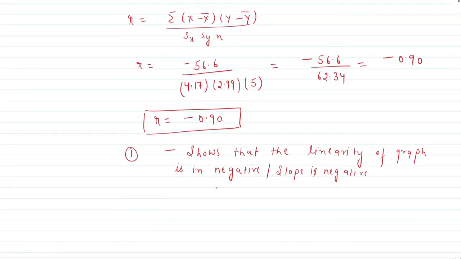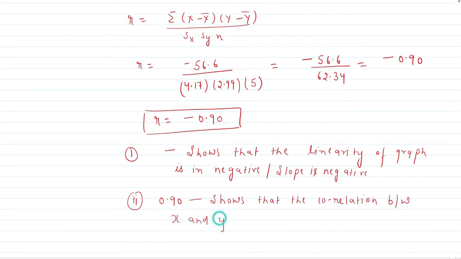Second point, 0.90 shows that the correlation between x and y is high.